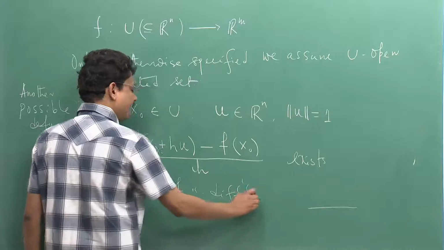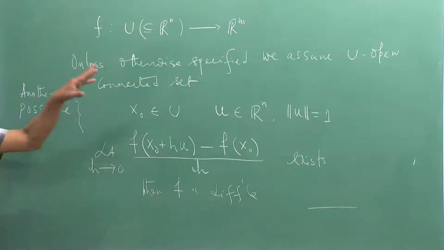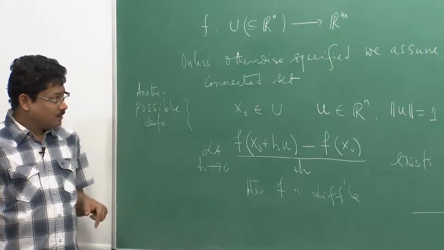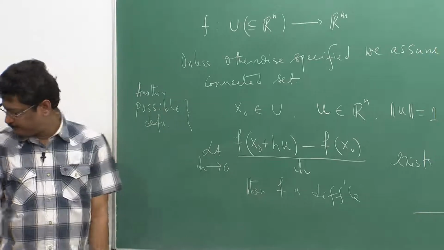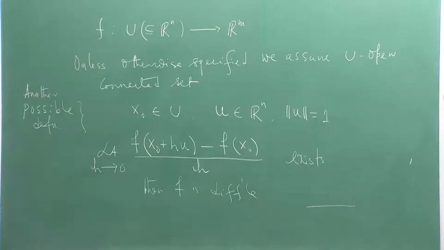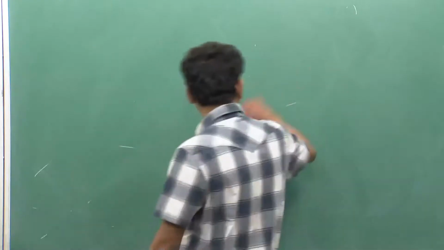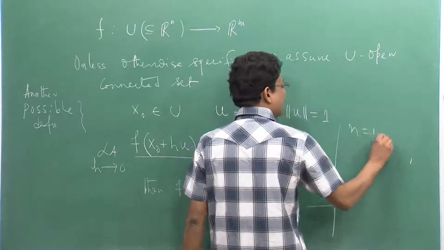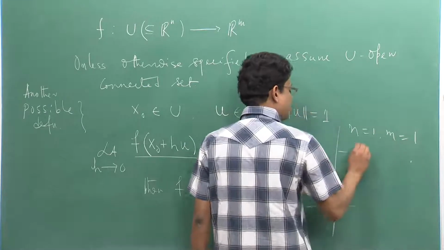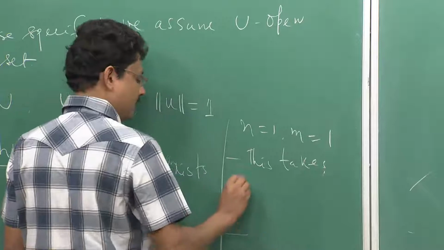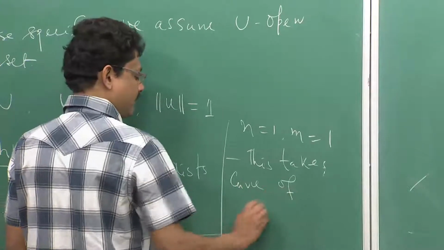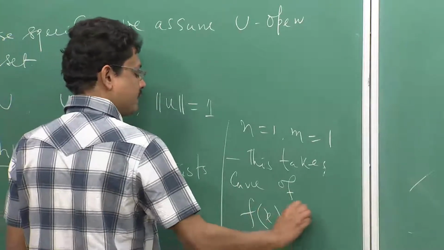I am not saying that this is a definition, I said this is another possible definition which, after reflection about the drawbacks of the previous definition, we may come up with. Okay, not bad. This will take care of n equal to 1, m equal to 1, this takes care of f(x) equal to mod x.